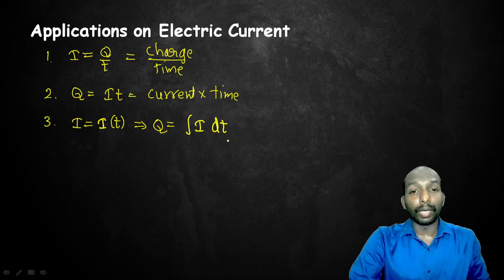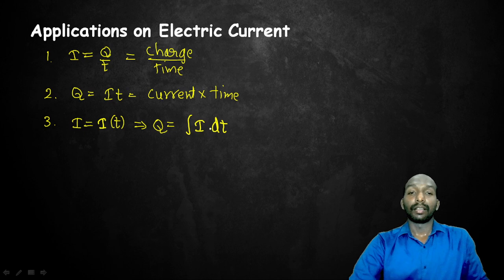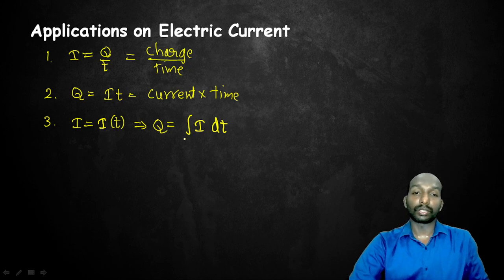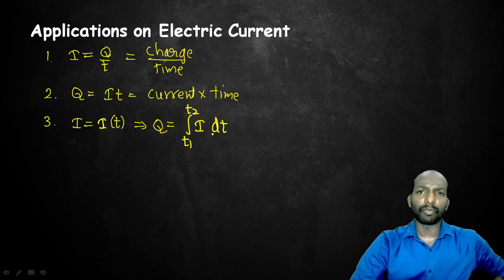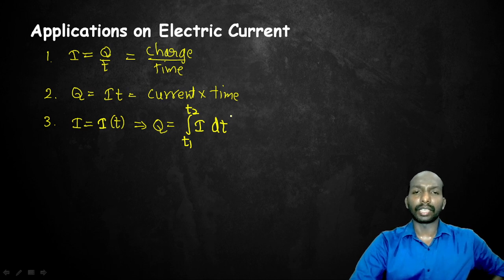That means by taking integration of the current, we can find the amount of charge crossed in this particular time. Suppose the time limits are from t1 to t2. If he is asking to find the electric charge crossed between t1 and t2, we can use this formula.